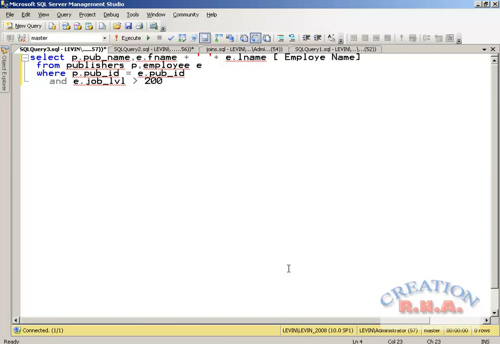Not only can you have a join with the equijoin, but you can also add an extra condition to it. This is a good example, where there is an equijoin and the condition is extended still further. Let's execute the SQL.